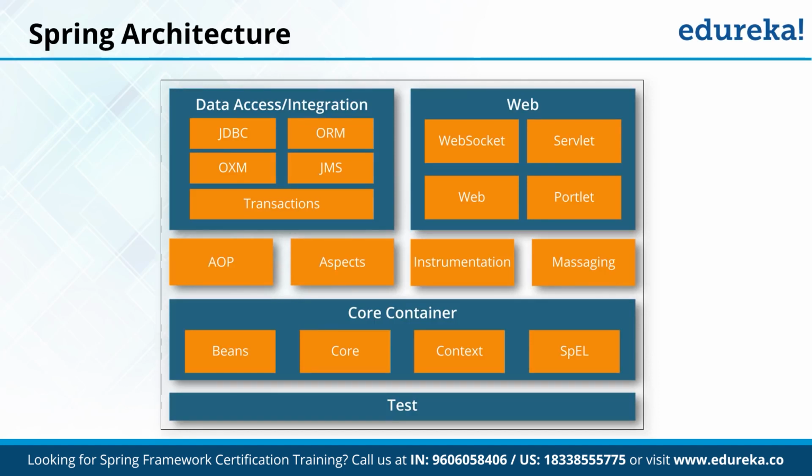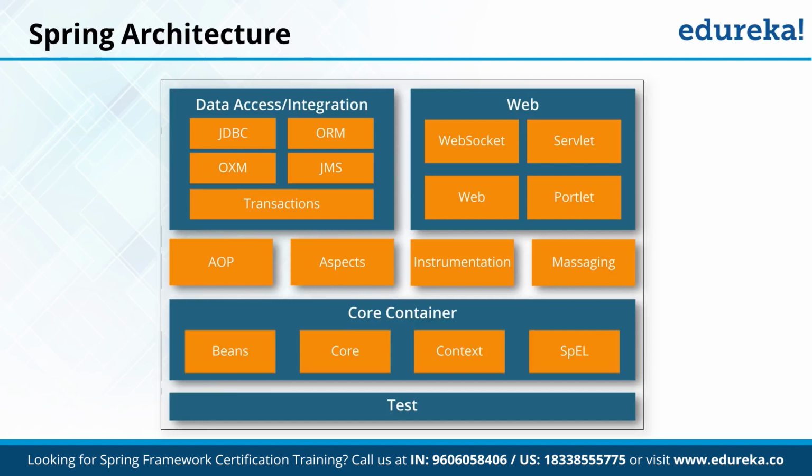AOP is aspect oriented programming, with which we focus on cross-cutting concerns. What is meant by cross-cutting concern? It is a concern like security. Security has to be taken care of in all the modules whenever you are writing the project, right? So aspect-oriented programming helps us implement the cross-cutting concerns.